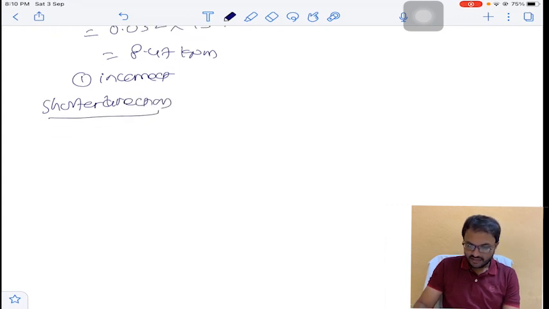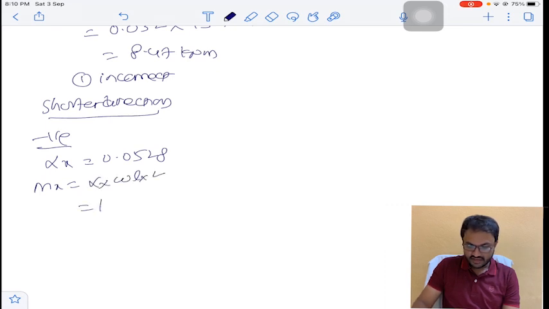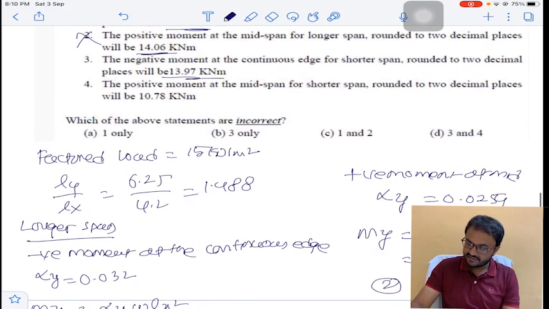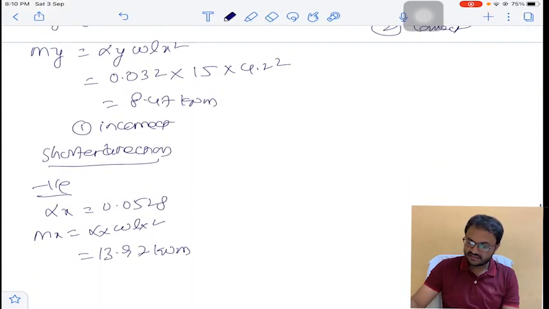So in this case, negative bending moment, first one, alpha x will become 0.0528, Mx is equal to alpha x w Lx square. It will be 13.97 kilonewton meter. So 13.97, option 3 is correct.